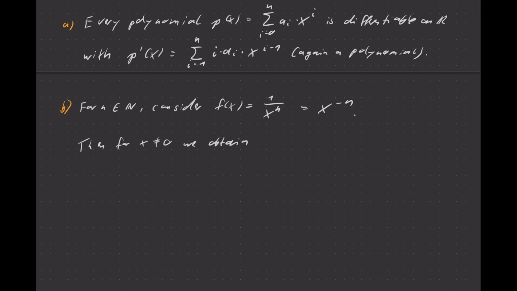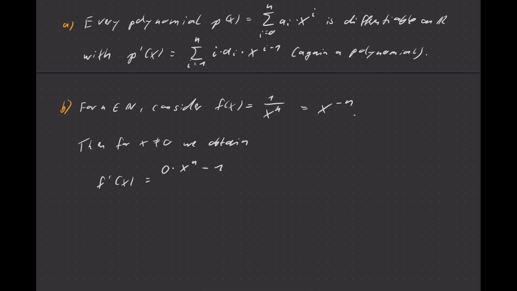we obtain f prime of x is equal to, well, what do we have to do? We first take the derivative of the numerator, that is 1, so the derivative is 0, multiplied by the denominator. Then we subtract the derivative of the denominator times the numerator.